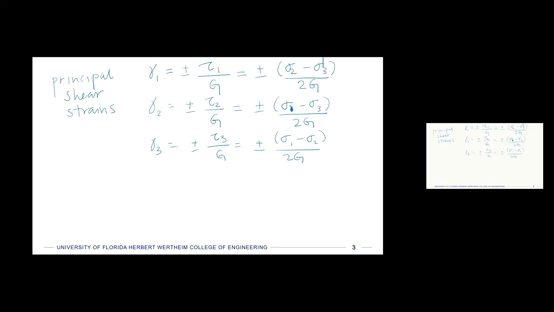Sorry about that. Okay, so these are some definitions, things we can calculate. If we know the principal normal strains, epsilon 1, epsilon 2, epsilon 3, and then gamma 1, gamma 2, gamma 3, we can think about the deformations that might happen at a particular location on a component if we know these parameters.